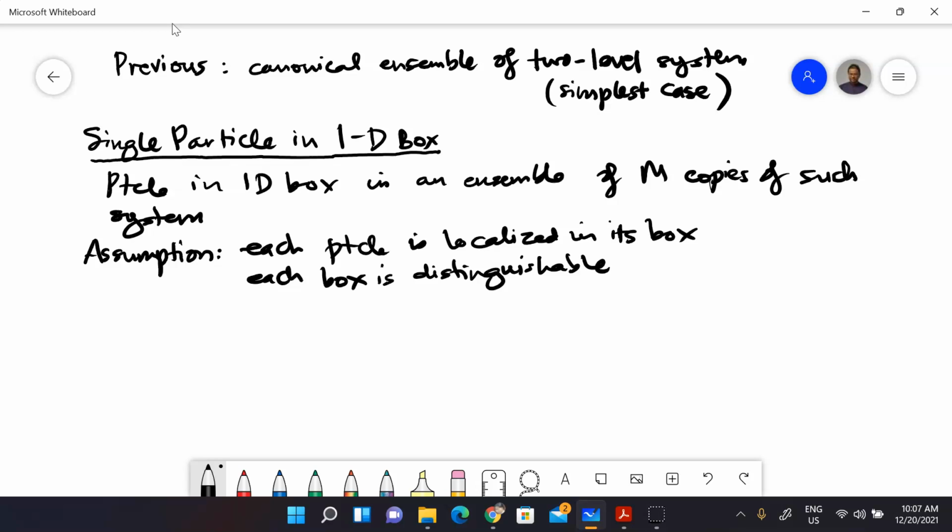So what we're going to do is to recall how we did it for the two-level system before, which is to write down the energy levels. So we need to find the energy levels. Let me move this thing up.